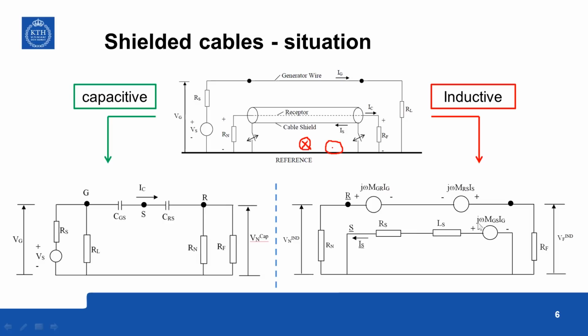Now this source will be driving a current, the shield current IS, and this is a fairly substantial current. This current will create a magnetic field that will be coupling with the receptor circuit.